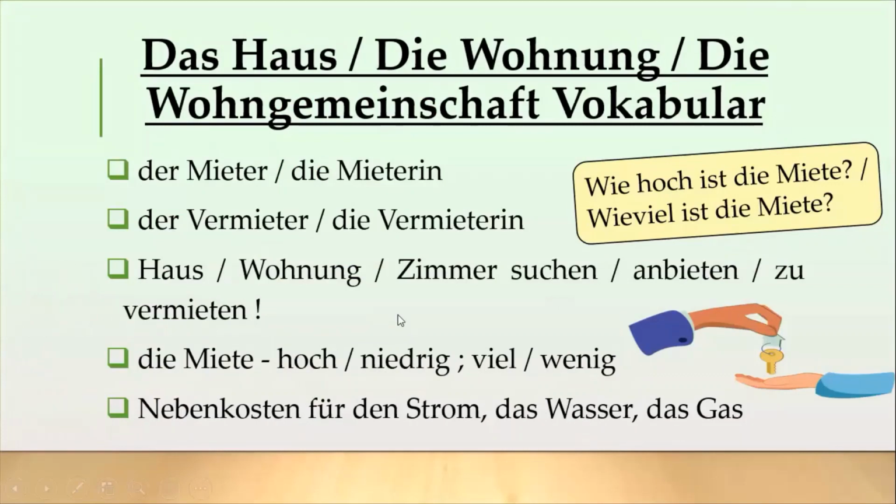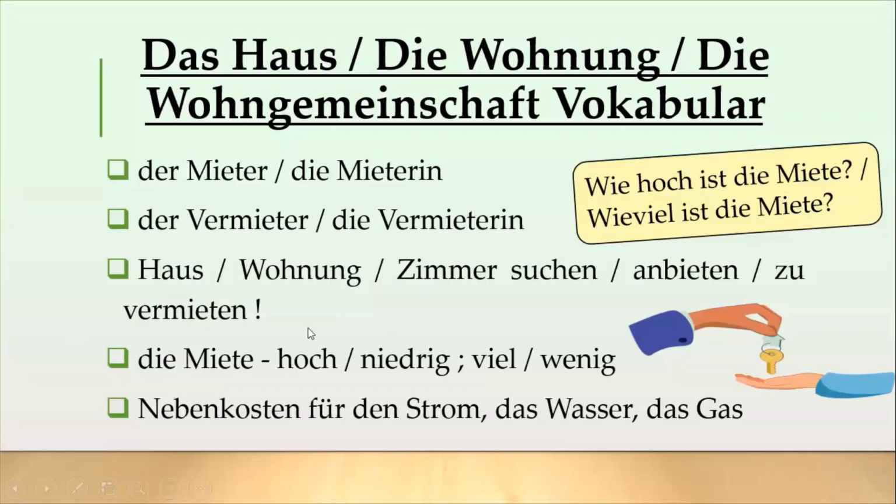Or you can simply find somewhere a board on which it is written that the house or an apartment or a room is for rent. So for rent would be zu vermieten, because the verb here, vermieten, means to rent.